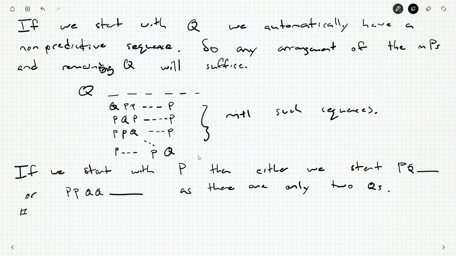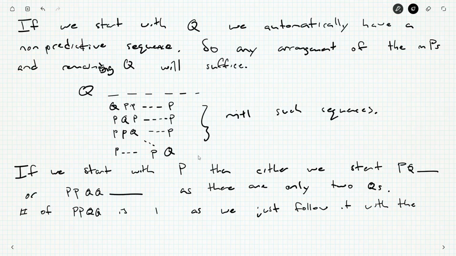The number of PPQQ is 1, as we just follow it with the m minus 1, no, m minus 2 P's.